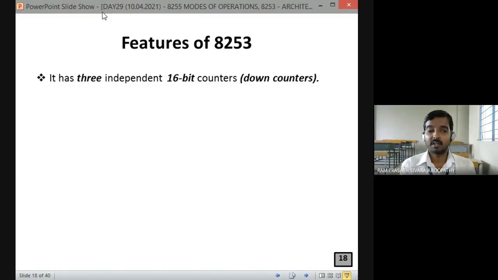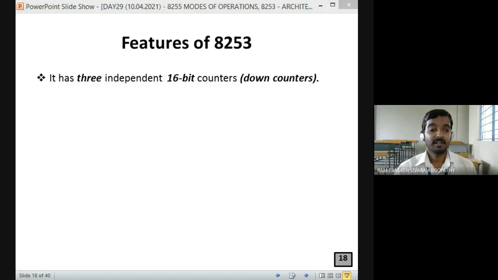Here the counters are down counters. Okay. In 8051, what did we study? We studied that there are timers or counters. How many timers or counters were there in 8051? 2. What about the size of the timer or counter? 16 bit. Okay, what about the nature of the counter? Up counter or down counter? Yes, it is up counter.